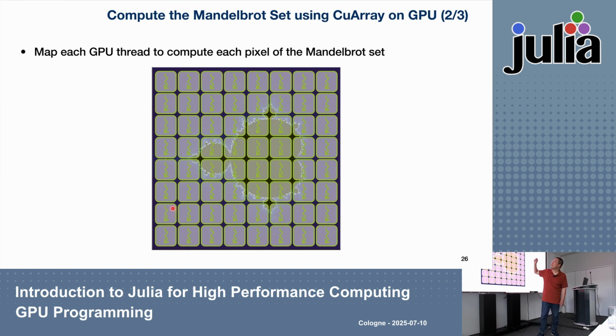And each GPU thread maps the calculation to the computation of 1 pixel. This is what you need to do on GPU. So by doing the parallelization in this way, you have 1,000 times 1,000, in total 1 million threads, and each thread takes care of one single pixel.